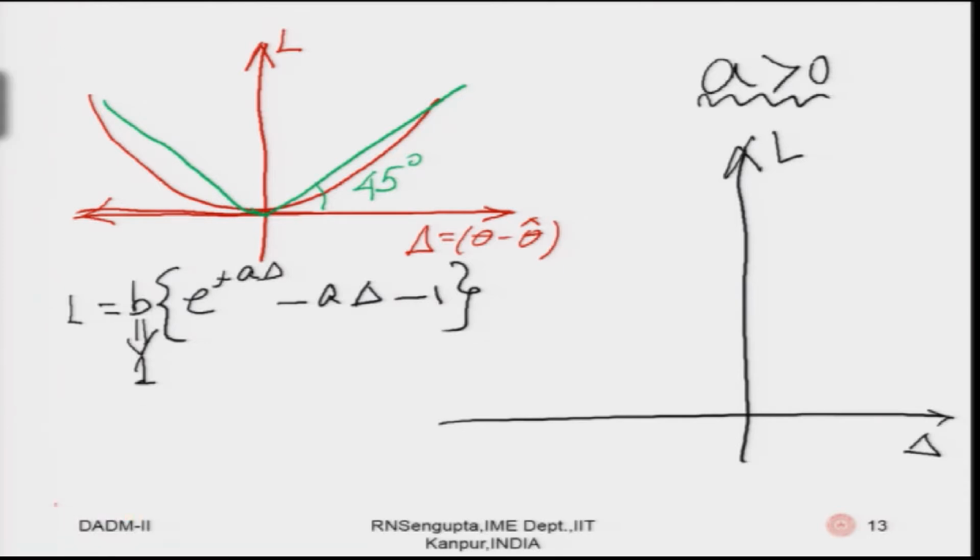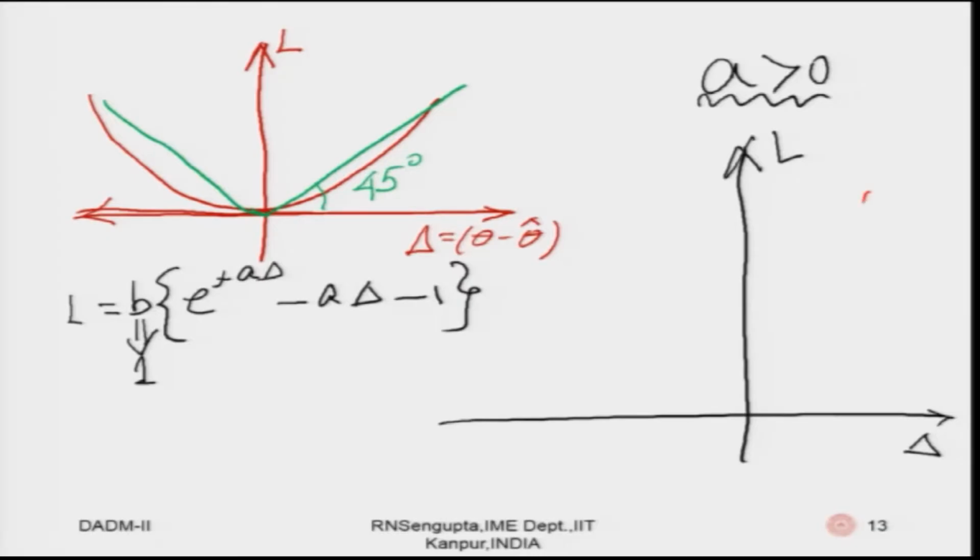I will use red color. As delta increases, obviously e to the power plus a delta will keep increasing exponentially, while the negative part, minus a delta minus 1, would increase linearly. So, the exponential part would dominate the linear part.